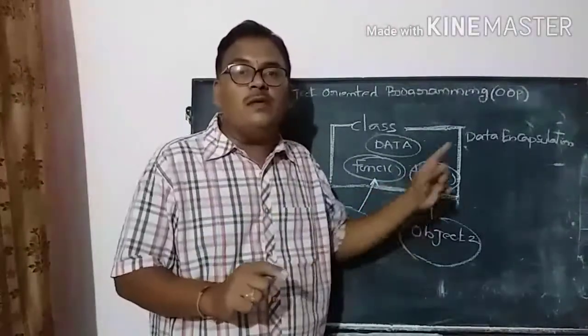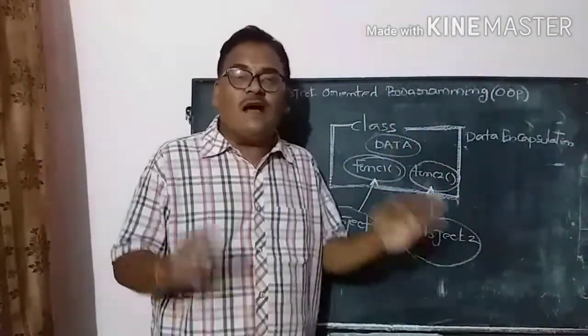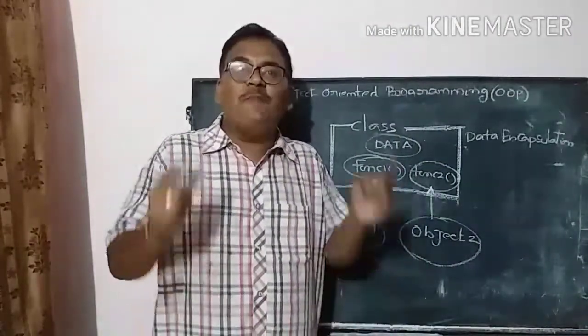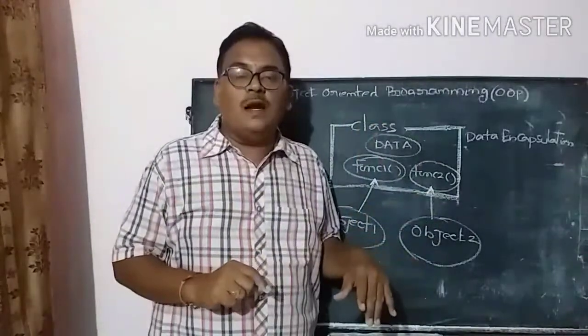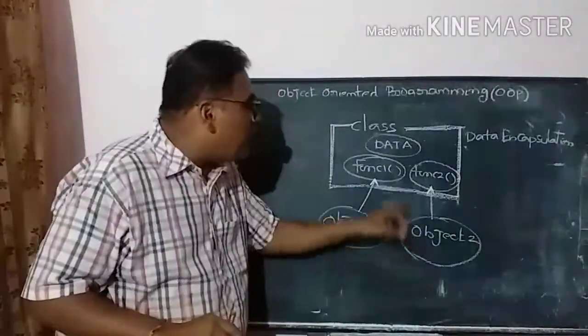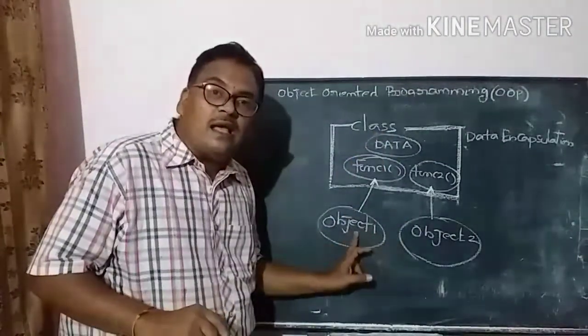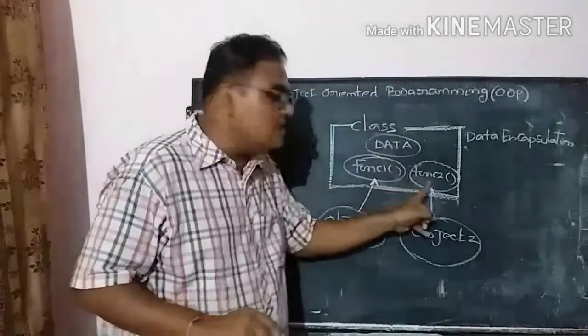They are not permitted to utilize the water, mineral water. It is used exclusively for our students only. So students of a particular college can only use the particular water. Similarly, objects which are recognized by a particular class can utilize the data through functions.